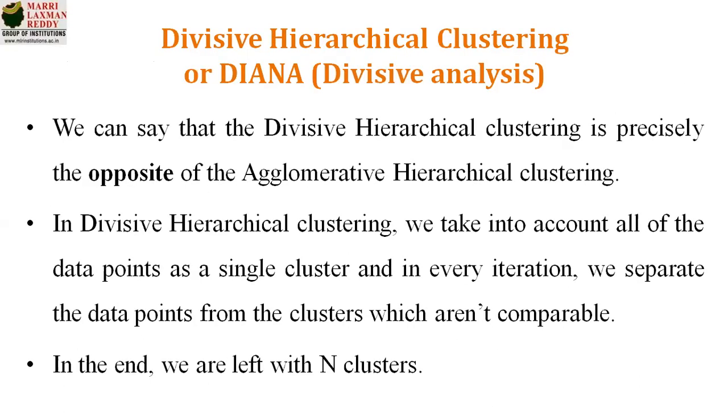Next, moving ahead, we are going to discuss divisive hierarchical clustering, which is quite the opposite step of agglomerative clustering. In short, divisive hierarchical clustering is precisely the opposite of agglomerative hierarchical clustering. In the divisive method, we take into account all the data points as a single cluster.